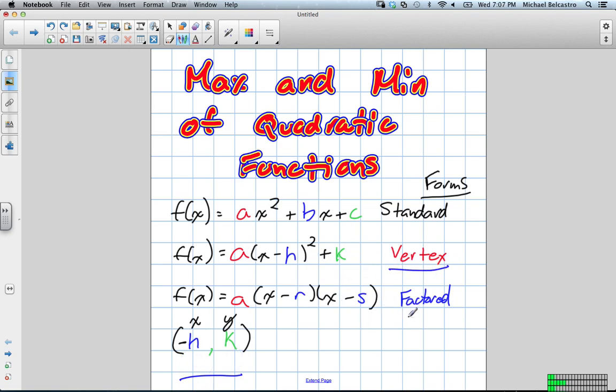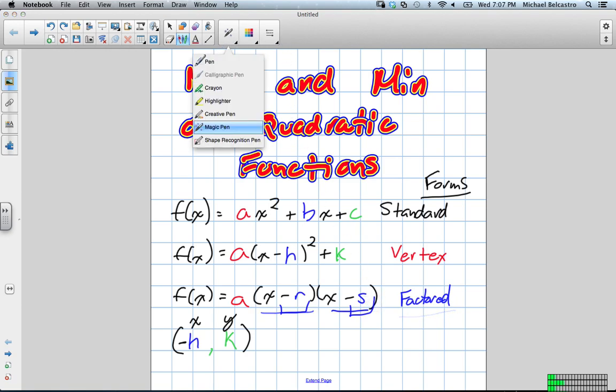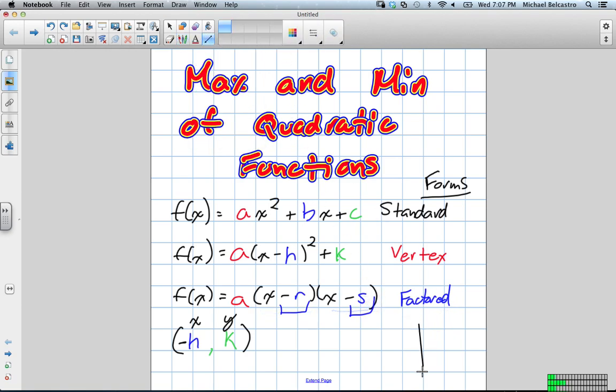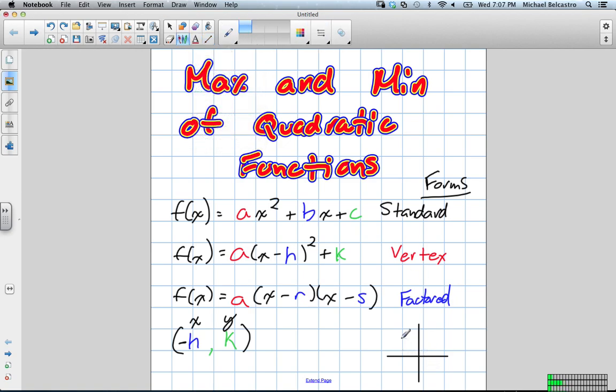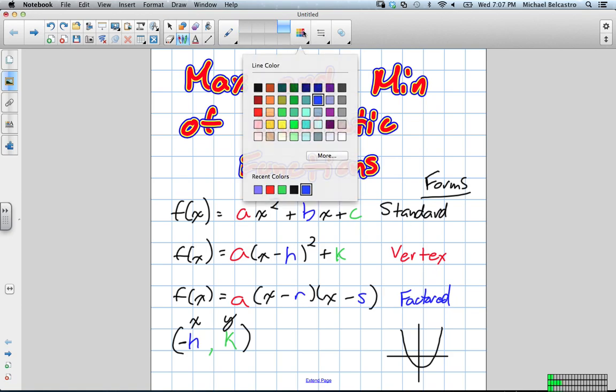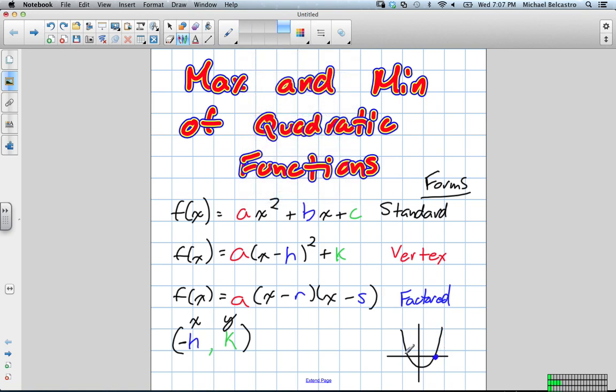And finally, factored form is the easiest way to find the x-intercepts. The r and the s tell you exactly where the x-intercepts are. If you remember what we mean by x-intercepts, we'll draw a quick makeshift graph here. Let's say we had a parabola like this. The x-intercepts, we'll do that in blue, are on the x-axis.